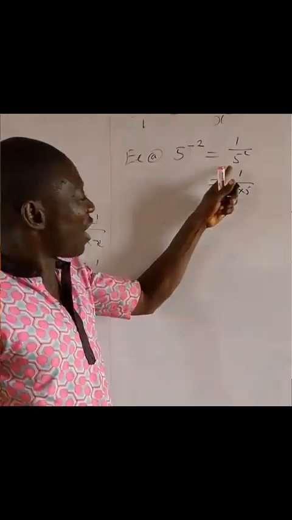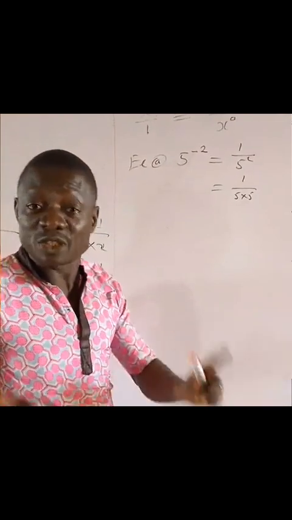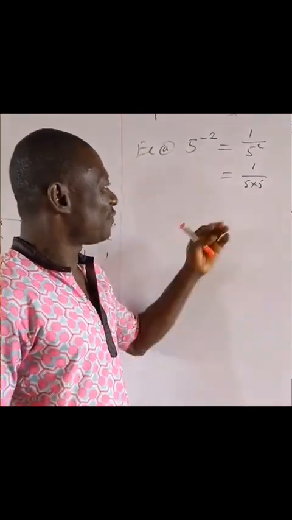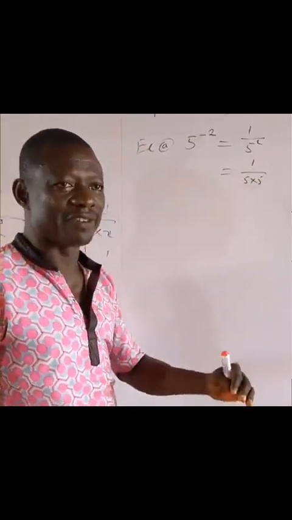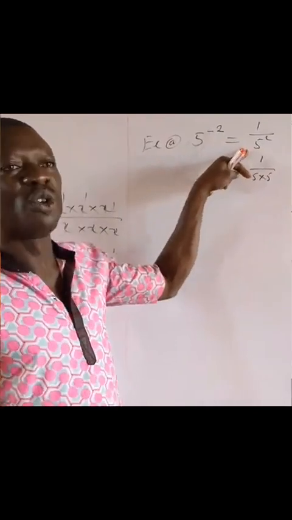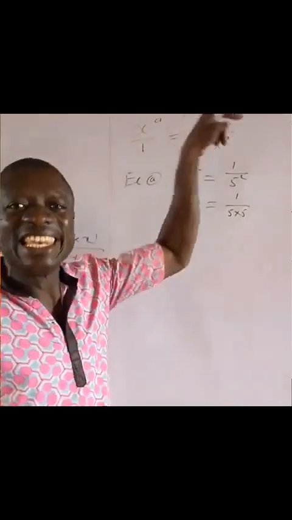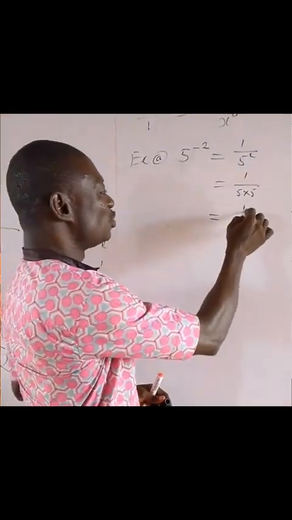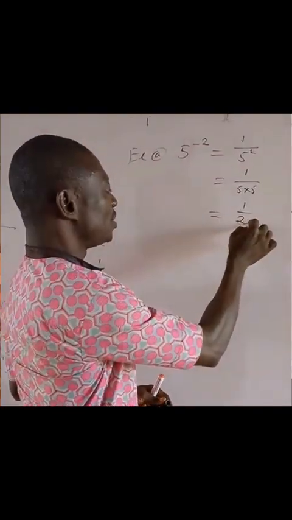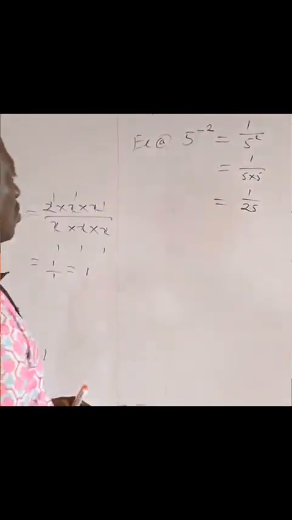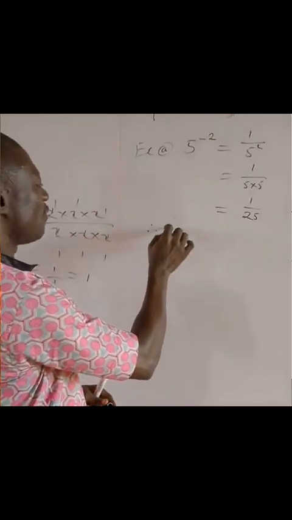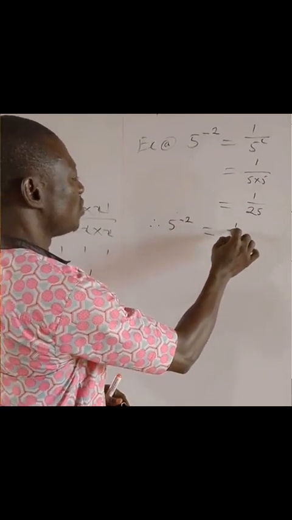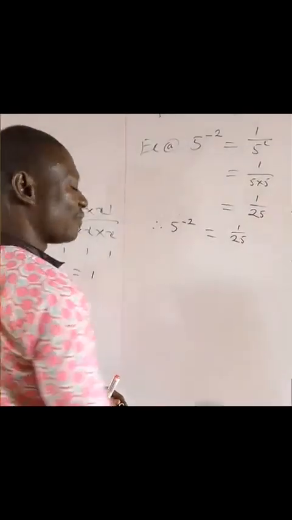Please, 5 raised to the power 2 is not 10, it's not 5 times 2. It's 5 times 5. The base is being raised to the number of the index we have. And so the final answer is 1 over 25. We can conclude here that 5 raised to the power minus 2 is equal to 1 over 25.